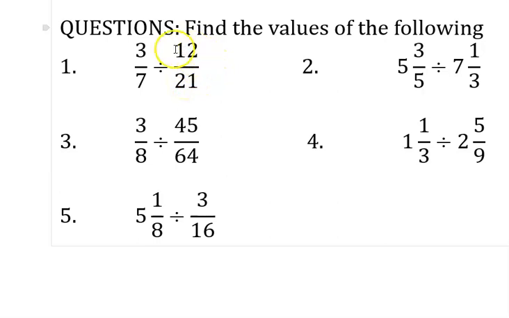Numerator is the number up, denominator is the number down. So the moment you change this division to multiplication, you bring the number that is down up and the one up down. Then you go through the multiplication of fraction process. So let's quickly do that so that we can understand my explanation.